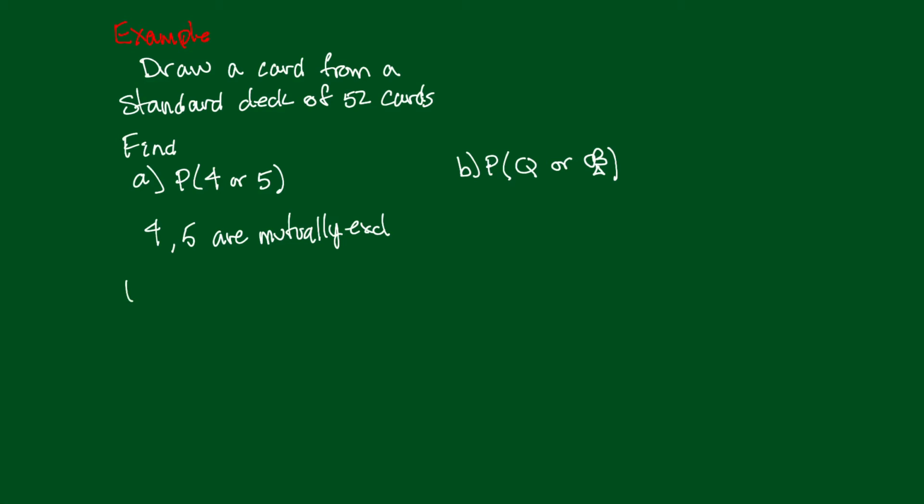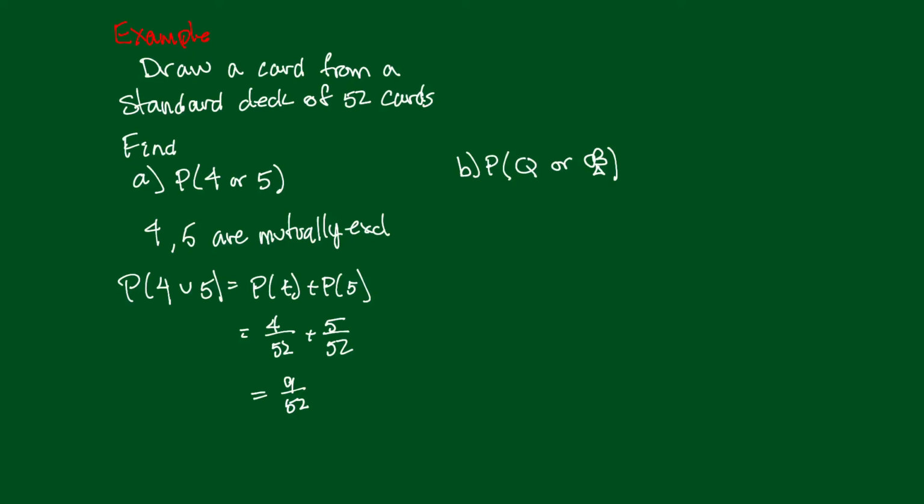So the probability of getting a 4 or a 5 is the probability of choosing a 4 plus the probability of a 5. For a 4, there's the 4 of hearts, diamonds, spades, and clubs. There are 4 4s out of 52. There are 4 5s in that deck as well. So this is going to be 8 out of 52.